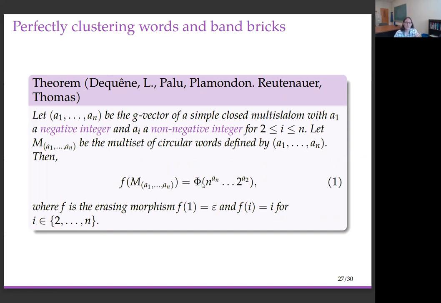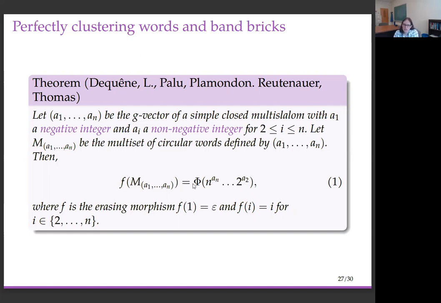And what you will get is a phi of the word on the alphabet n to 2. It's just a technical choice that we use the alphabet 2 to n, but it's the same as if you take a to a-1, it will be fine.